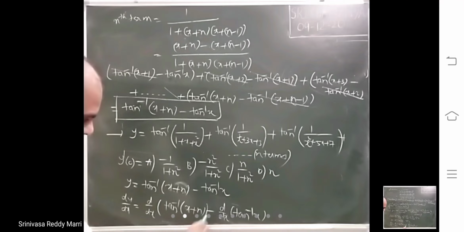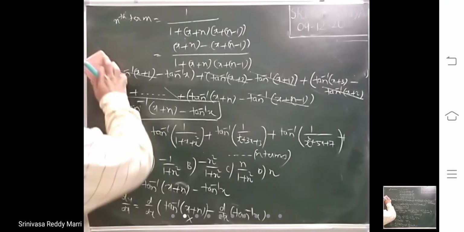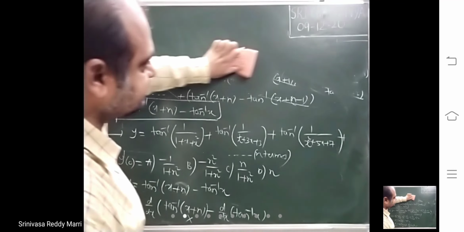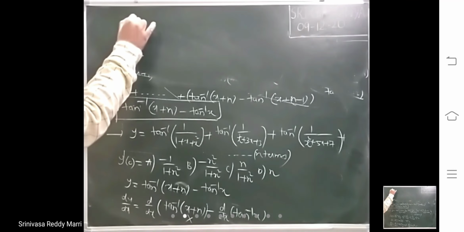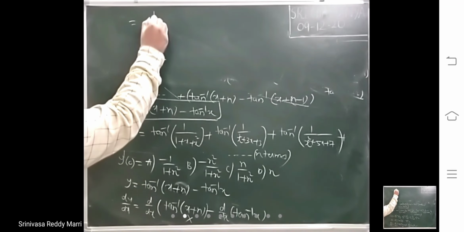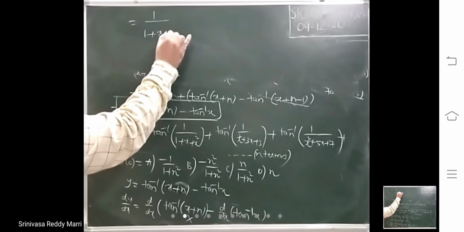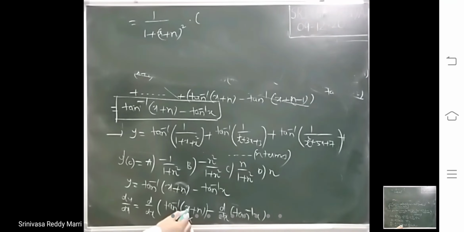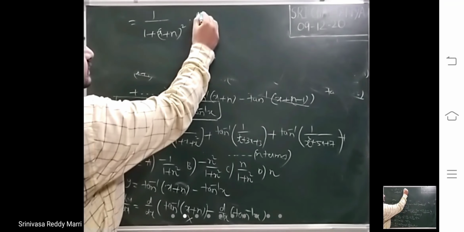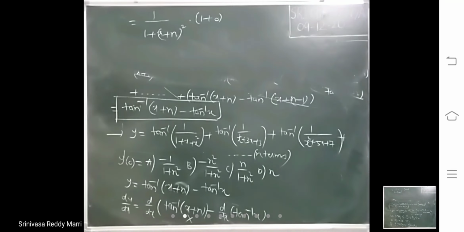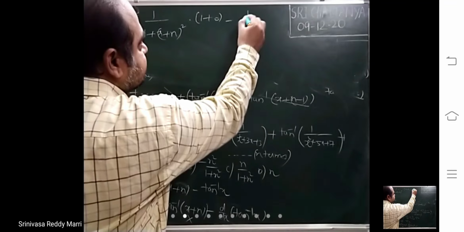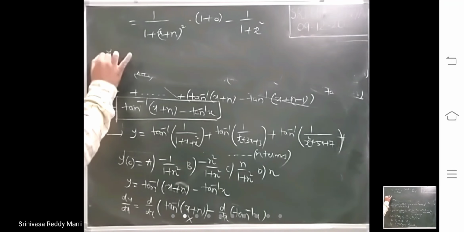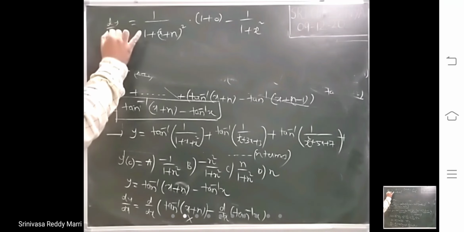Now, for this derivative, this is capital X. So that means this is 1 by 1 plus (x plus n) whole squared into the derivative of capital X, which is 1 plus the derivative of n, a constant, 0, minus 1 by 1 plus x squared. This is dy by dx.